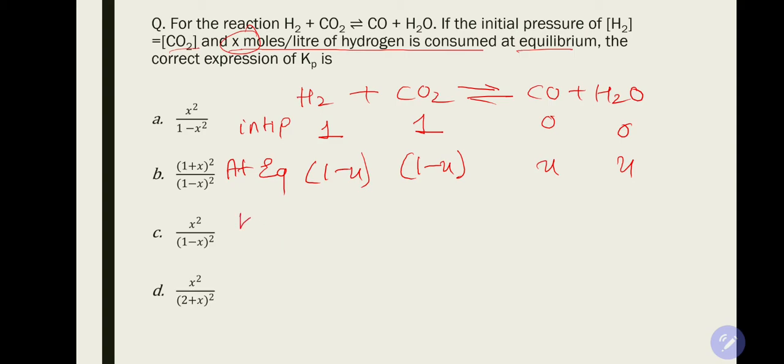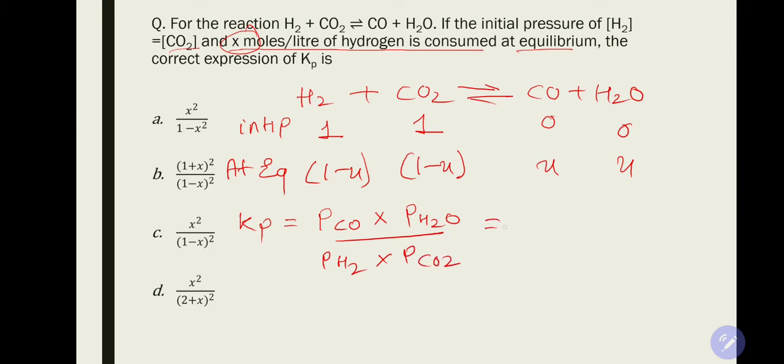Clear? Now what is the Kp? Kp is the equilibrium constant in terms of partial pressure. It will be partial pressure of product upon partial pressure of the reactant. So it will be partial pressure of carbon monoxide into partial pressure of water upon partial pressure of hydrogen into partial pressure of carbon dioxide.